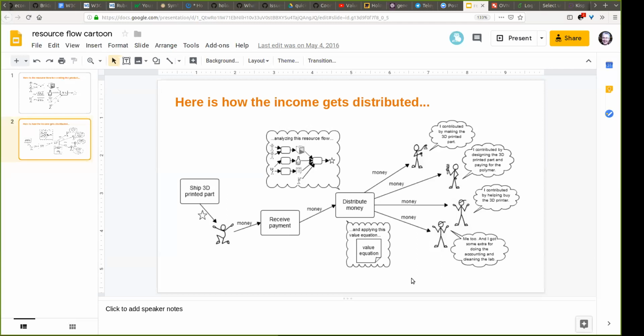And then the value equation will also top it out and not pay more than it can, right? And decrease everybody's share, or not decrease some people's share. Maybe the polymer just needs to get paid no matter what, right? Mm-hmm. So these rules are completely up to the group.